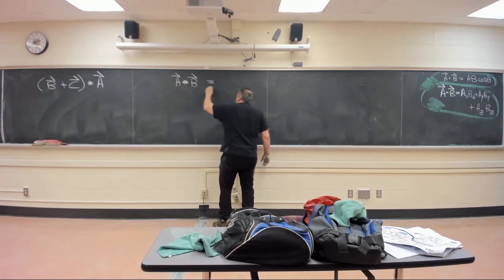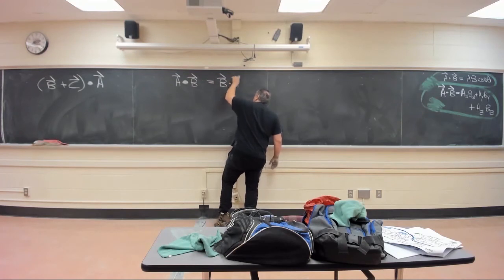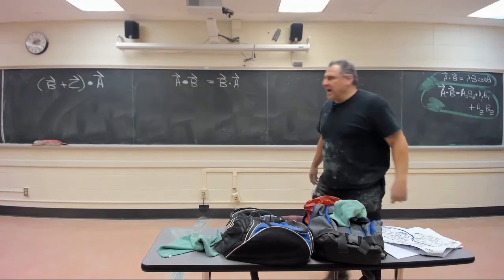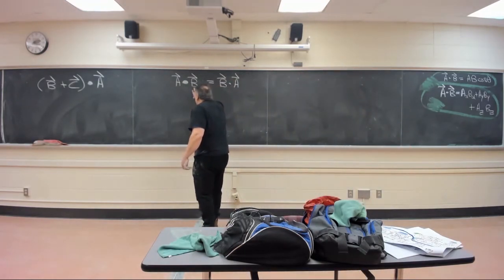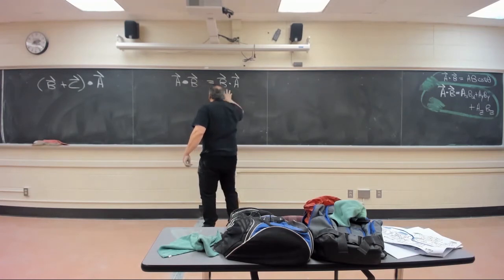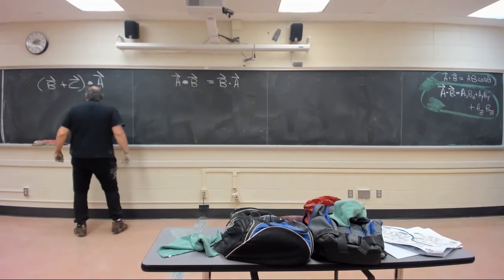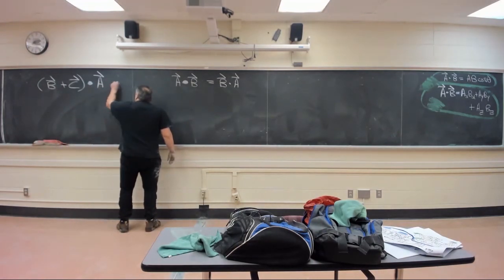A vector dot B vector is the same as B vector dot A vector. Fair enough? Yeah, we've said that. A vector dot B vector is equal to B vector dot A vector. So what does that mean?